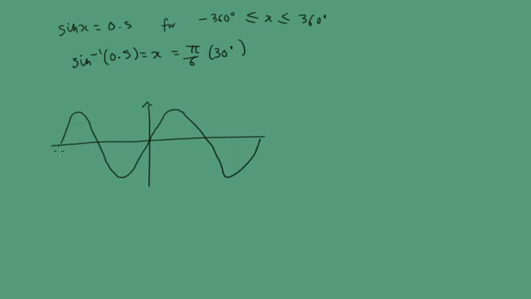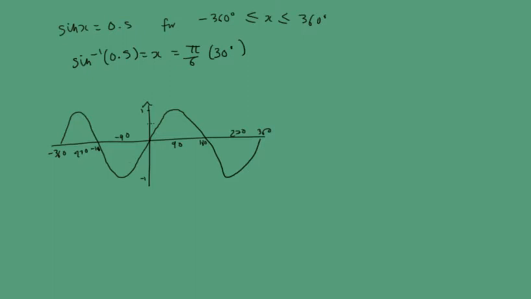So we've got minus 360, minus 180, 0, 180, 360, we've got 270 here, 90, minus 90, and minus 270. And this is 1, and this is minus 1, so half is around about here.